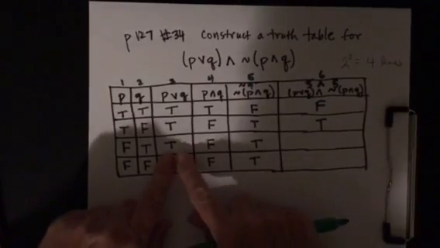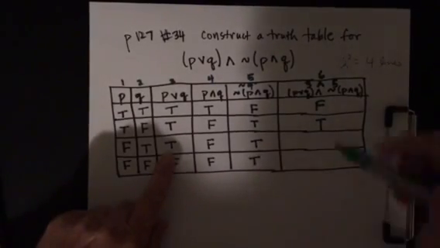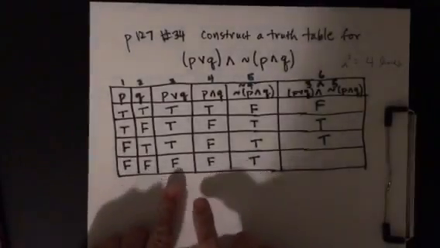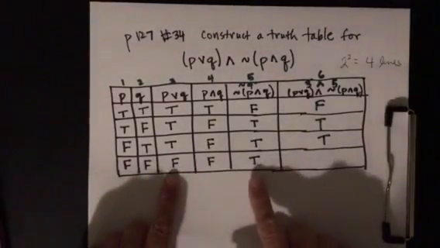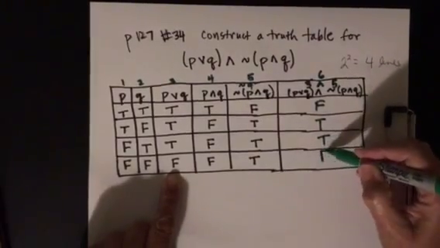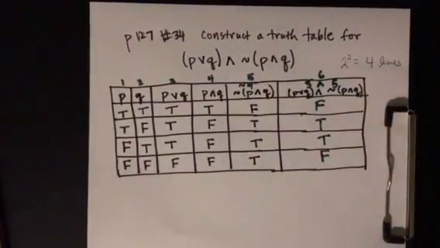On the third line, true and true. That's true. And on the fourth line, false and true. That is false. And there you have the truth table for problem number 34 on page 127.